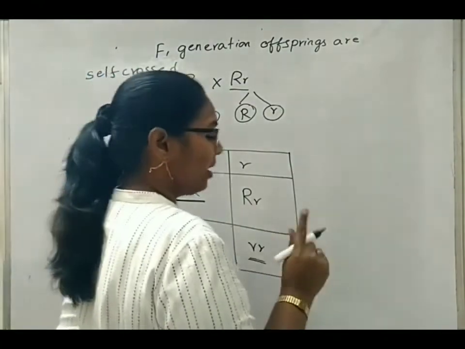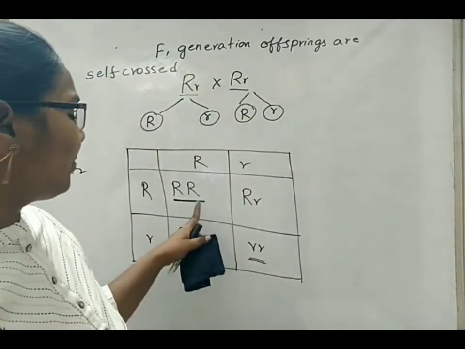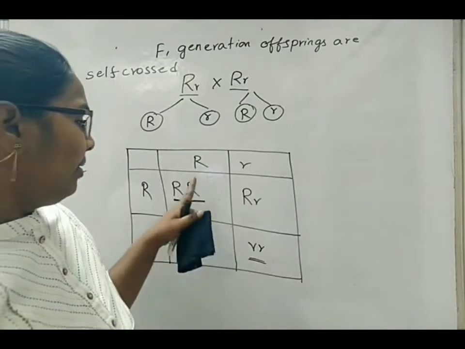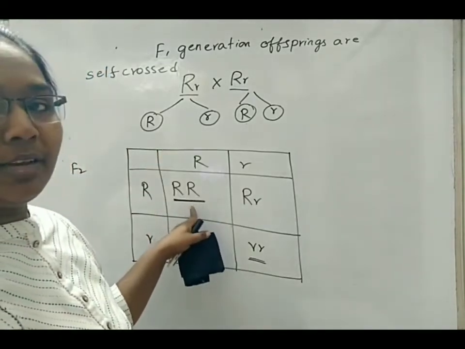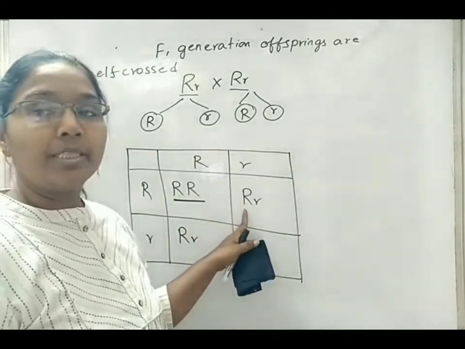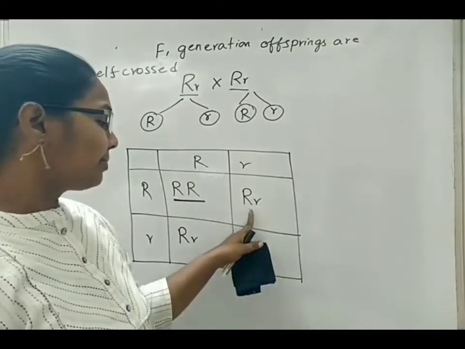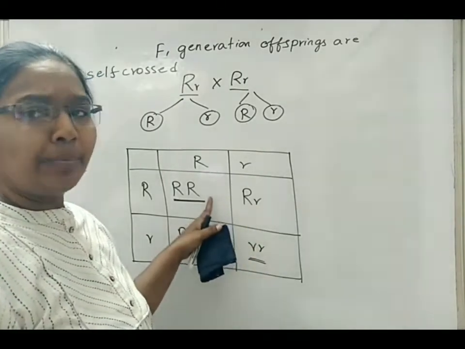Now, according to Mendel's first law, we have seen one explanation: the parental alleles sometimes in the F2 generation are not getting mixed up and express their phenotypic character, because in the F2 generation again we are seeing the parental types.